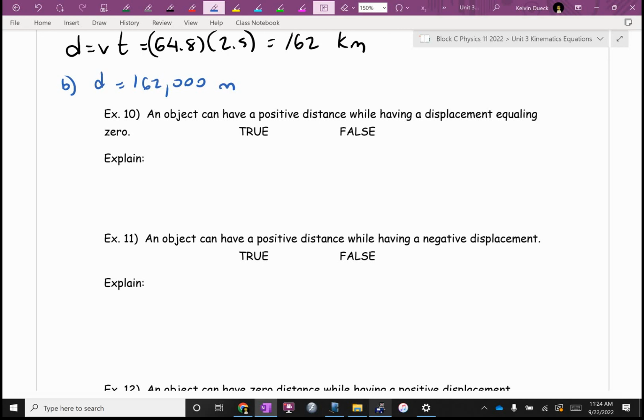Who says, Mr. Dewitt, that's true? I think that's true. 1, 2, 3, 4, 5, 6, 7, 8. Oh, hang on, keep them up. 1, 2, 3, 4, 5, 6, 7, 8, 9, 10, 11, 12, 13, 14, 15, 16. Who says, no, Mr. Dewitt, I think that's false? 1.